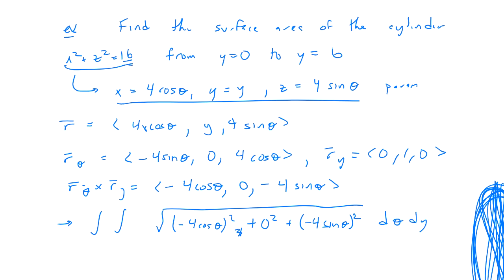And let me ask what are the limits. So for theta, because there's no restriction on the cylinder or the circle, it goes from 0 to 2 pi. And pretty obviously y, the limits are 0 to 6. This looks complicated, but it's not really.